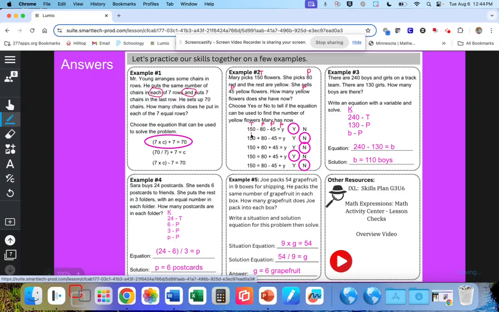We have a total plus a part, and we know in math we can't do a total plus a part. We cannot do that. We have a total equals a part plus a part plus a part.